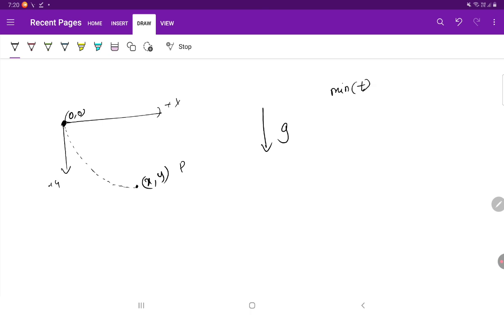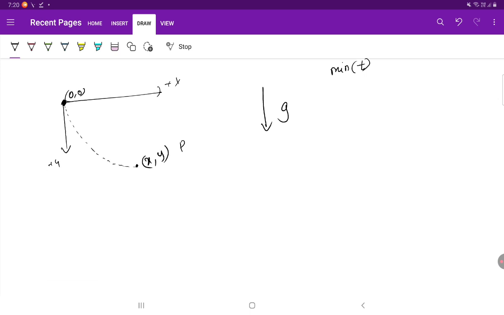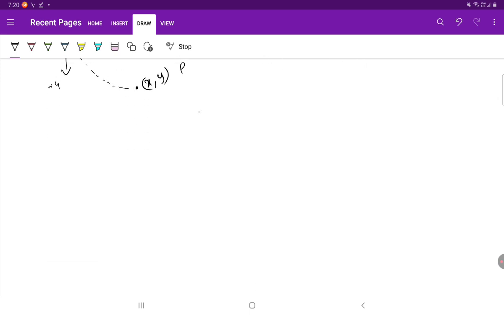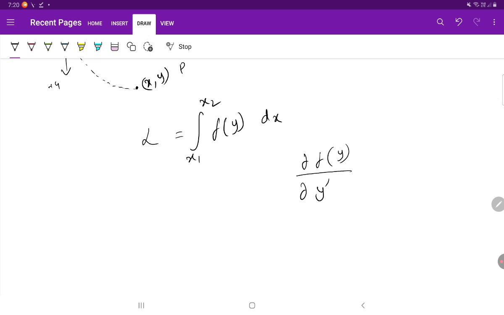Okay. So before that, we'll be introducing some concepts. Suppose you have an integral of f of y dx from x1 to x2, where x1 and x2 are fixed constants and f of y is a variable, and this is L. We have to basically maximize the value of L. For that to happen, what we must take care is that del f by del y dash, or y dot, where y dash is equal to dy by dx.